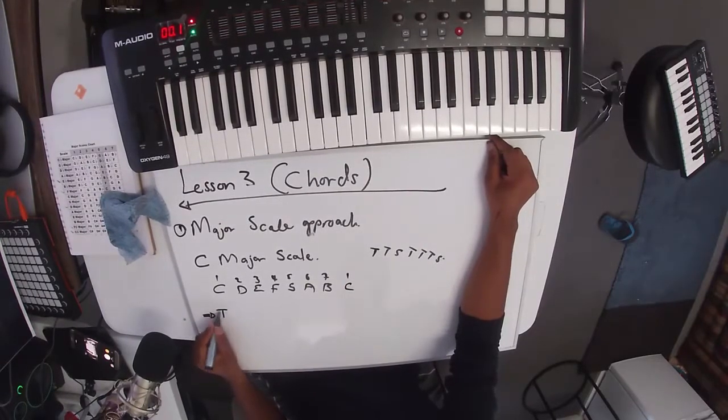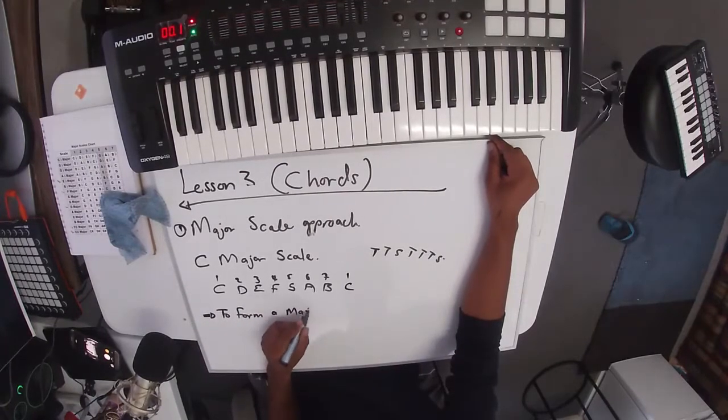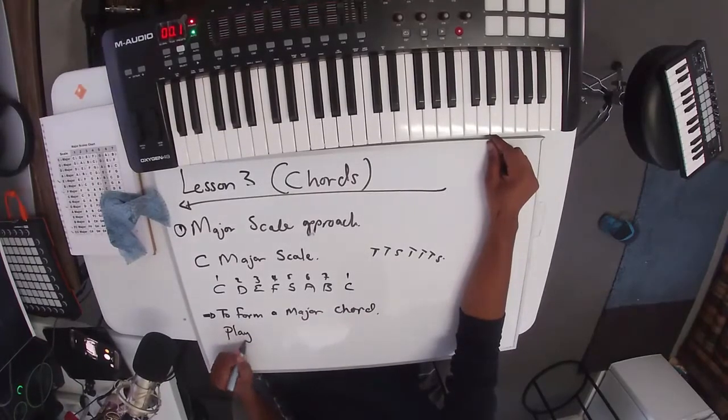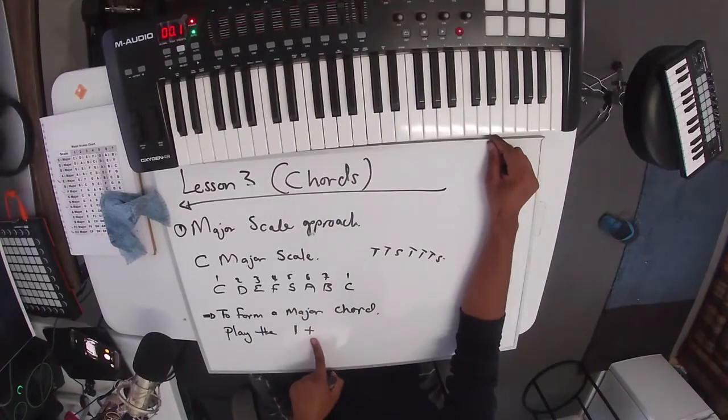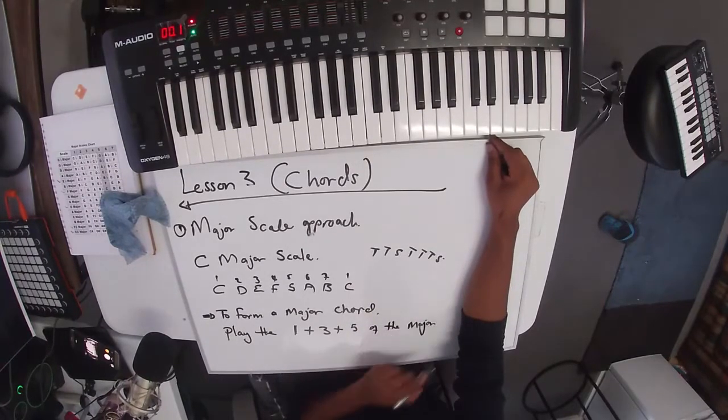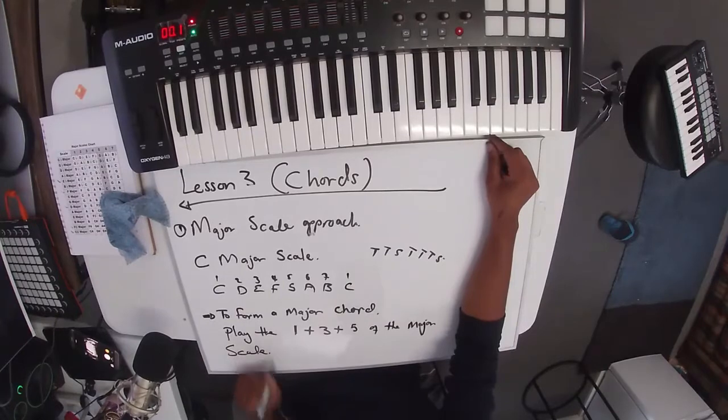To form a major chord, play the 1 plus 3 plus 5 of the major scale.